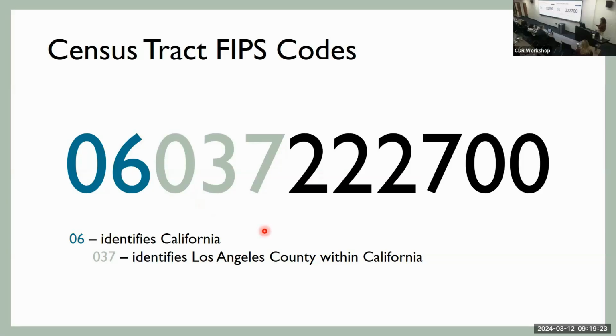So a 037 county in California refers to Los Angeles County, but a 037 county in Alabama might refer to another county, right? And so to uniquely identify counties in the United States with FIPS codes, you need the combination of both the state FIPS code and the 3-digit county code to have a unique identifier at your geographic level. And so that's useful to know.